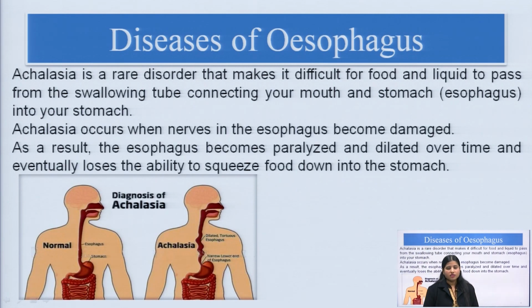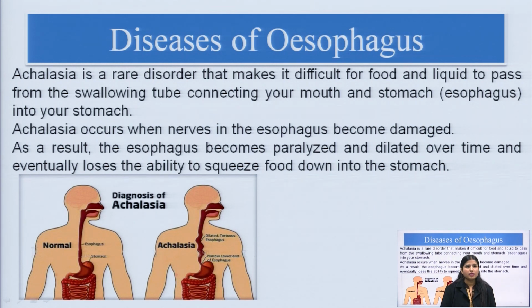Now, the other disorder in the esophagus is achalasia. So, see achalasia, what do you mean by achalasia? This is a very rare disorder, and in this disorder it is very difficult to take food, or whatever content we are taking, that is very difficult to pass further.